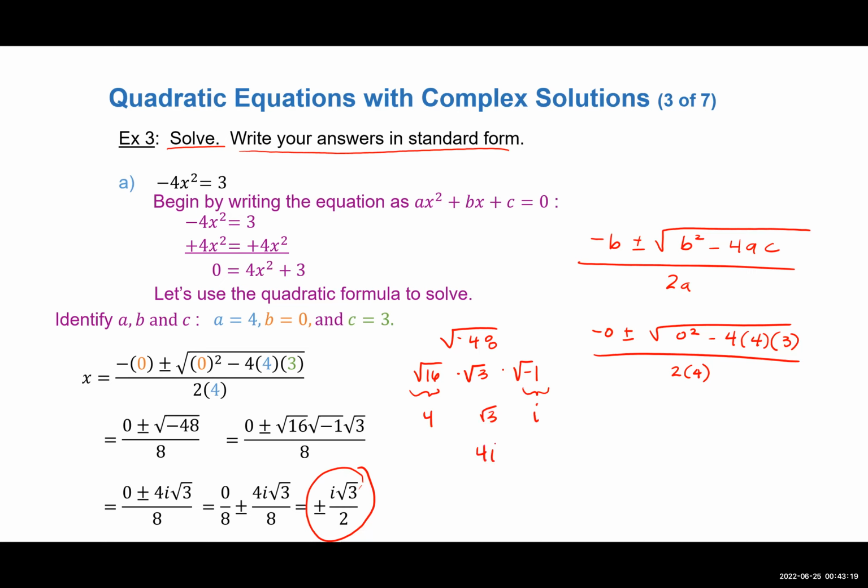So I have 4i root 3, and that's divided by 8. Remember, we had this 0 divided by 8, but we know 0 divided by anything is 0. So you still have 0 plus or minus. The 4 and the 8 cancel, we get 1 over 2. So this becomes i root 3 over 2. Because we have that 0, we don't have to write it. So we're just going to have plus or minus i root 3 over 2.